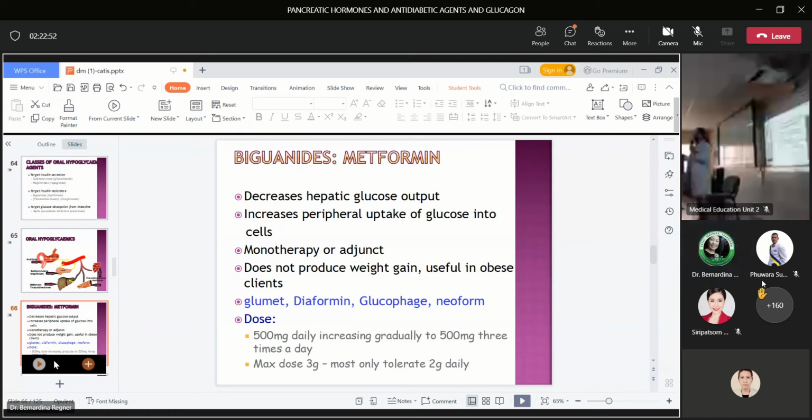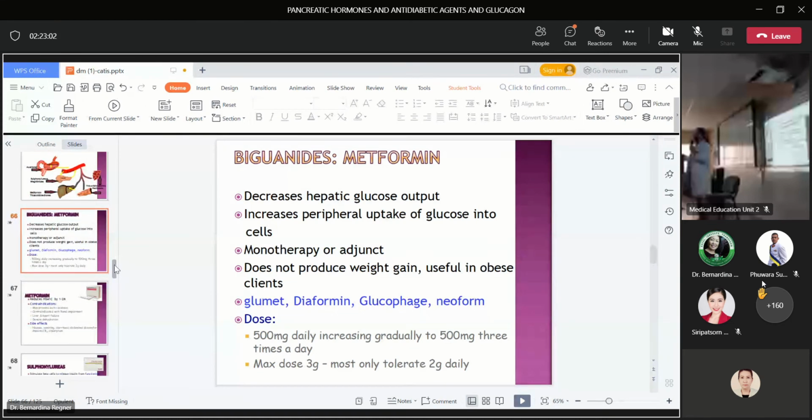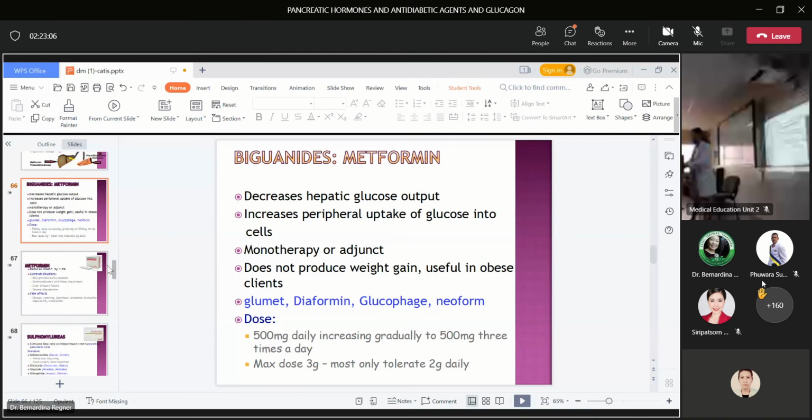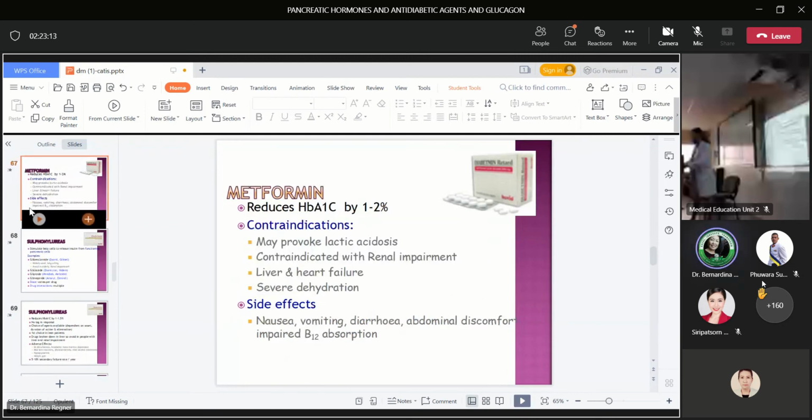Okay, so it has been found out that metformin can reduce glycosylated hemoglobin by 1 to 2%.